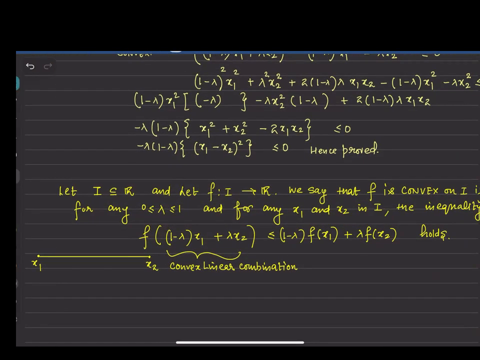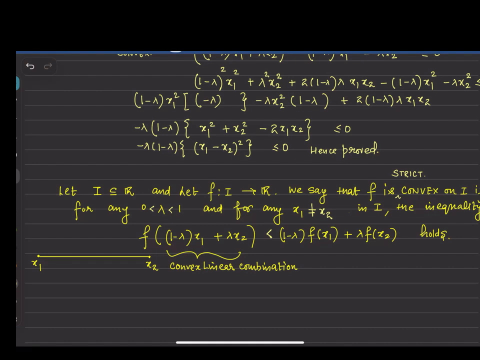You change this so that lambda should be first of all greater than 0, less than 1, and the 2 points that you have taken should be x1 not equal to x2. So that would make them distinct. And in this, this becomes strict. So this becomes a strict convex.